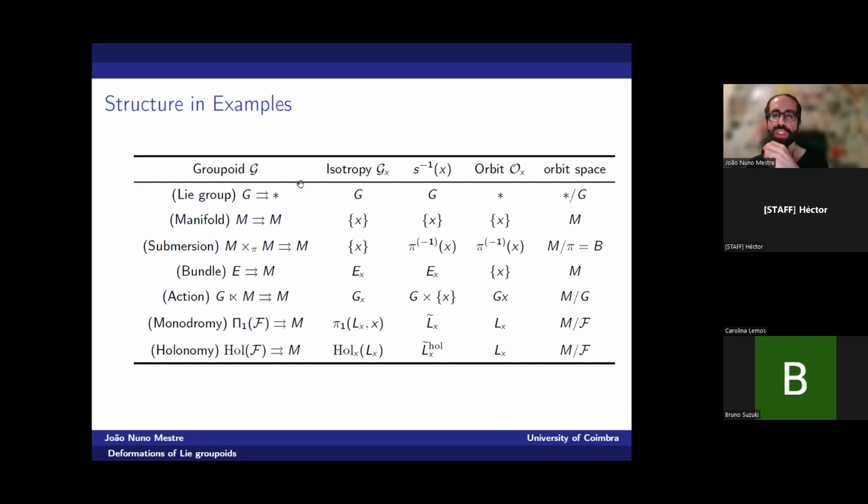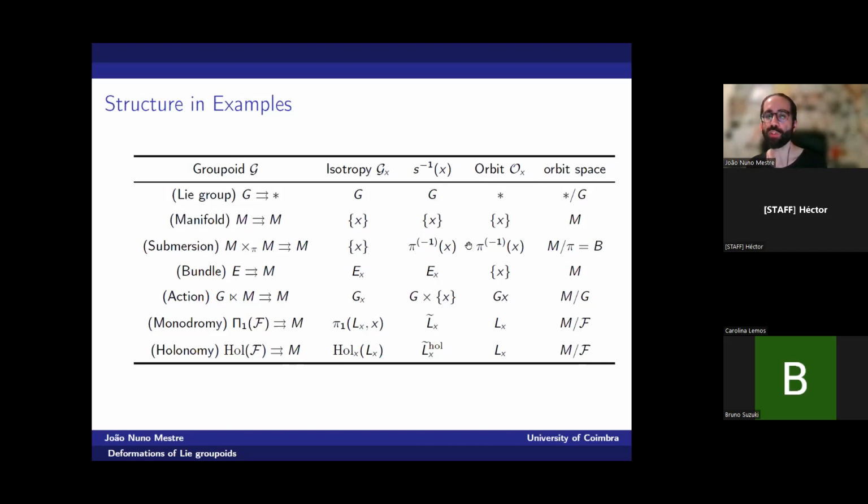So just to give you some idea, for the examples I presented, what could these pieces look like? Let's say, for a Lie group, the isotropy would be the group itself, and so would be the source fiber, this principal bundle. The orbit will just be a point, and the orbit space is again just a point. For a submersion, there's no isotropy; the isotropies are trivial groups.